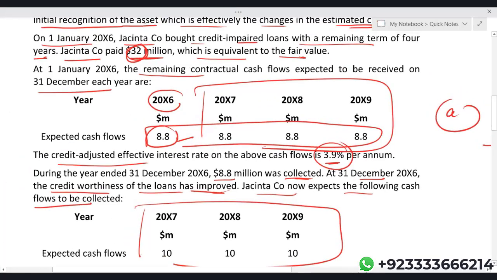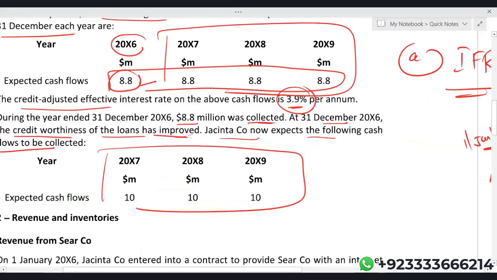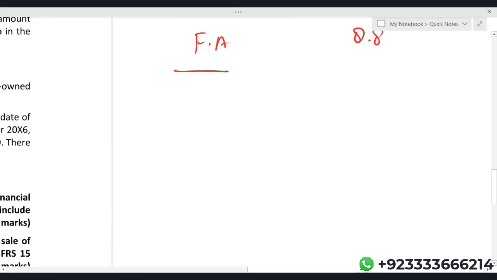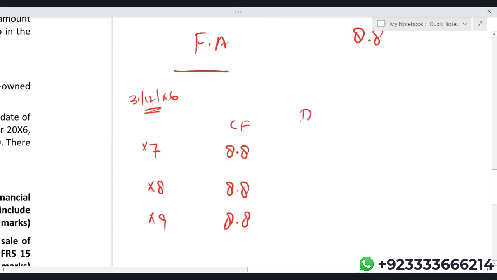Initially we were expecting to get 8.8 million every year. Remember, right now we are at December X6. We were expecting earlier that we'll be getting 8.8 million every year. Let's discount this at 3.9%.